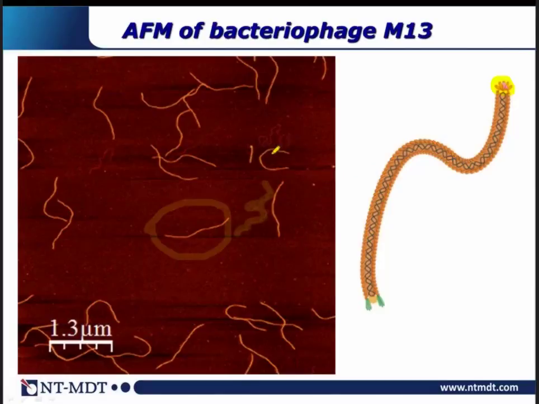Of course, not as bright as the phage, because the phage is about 6 nanometers in diameter, and this DNA is about, let's say, 2, even less, because of the interaction with the cantilever of the AFM tip. So those are very bright, and they're very uniform, so one can even calibrate the AFM instrument if you calculate the total length of the molecule.